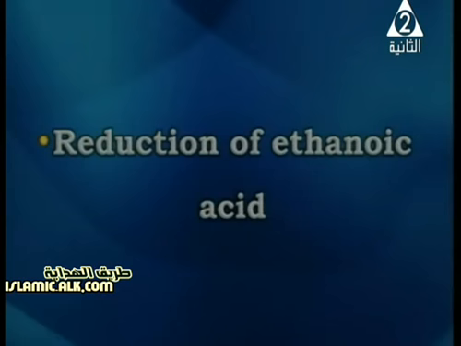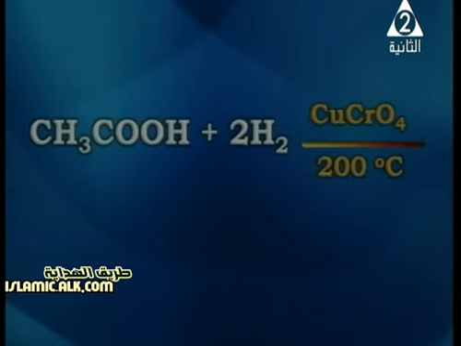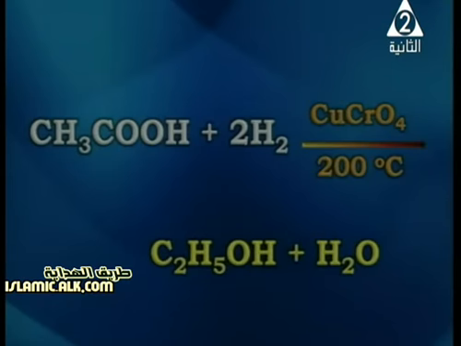Reduction of ethanoic acid. As the equation proceeds on the screen, ethanoic acid or acetic acid CH3COOH plus 2H2 in the presence of copper chromate CuCrO4 at 200 degrees Celsius gives C2H5OH plus H2O.